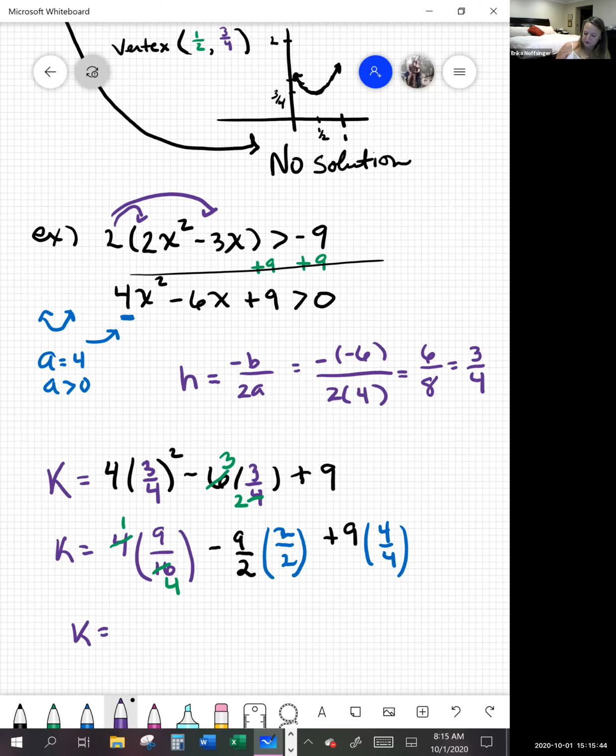So k is equal to 9 minus 18 plus 36. So 9 minus 18 is negative 9. Negative 9 plus 36 is 27. So 27 in the numerator, all over 4.